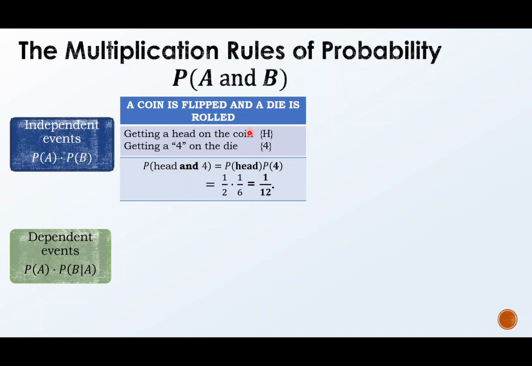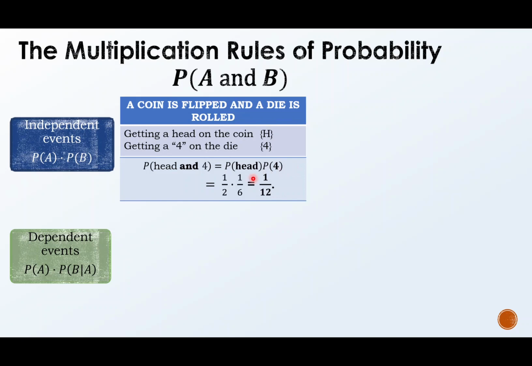Getting a head on the coin, getting a 4 on the die. So since these two events are independent, we simply multiply the individual probabilities ng events. So the probability of getting a head times the probability of getting a 4.